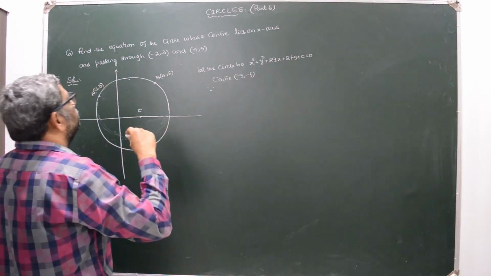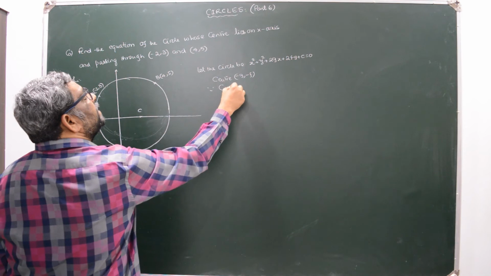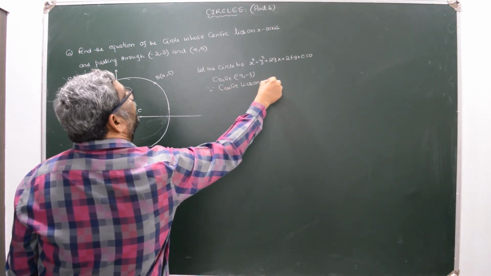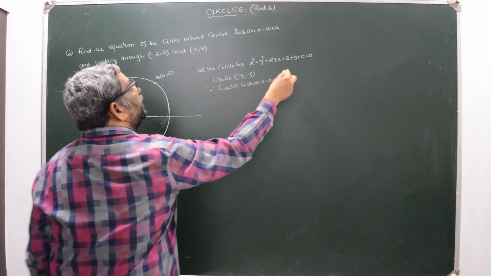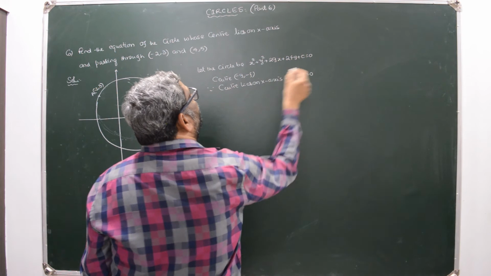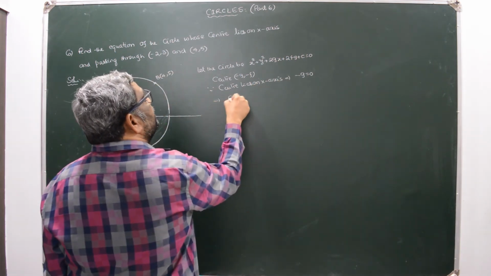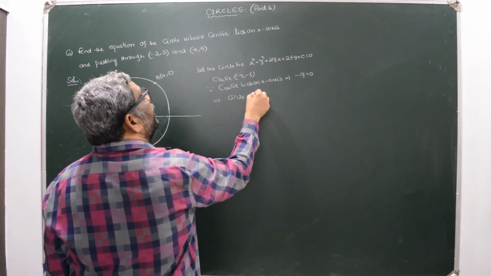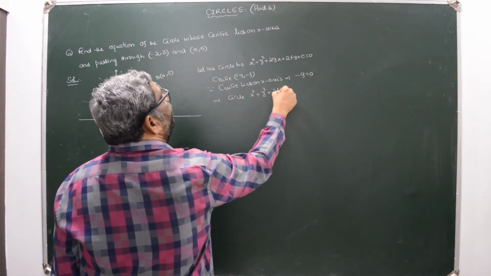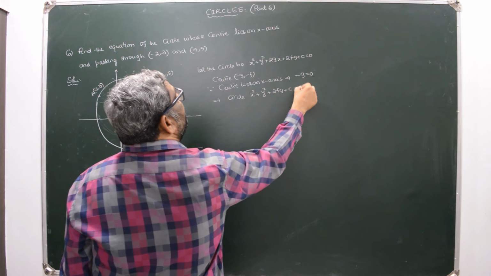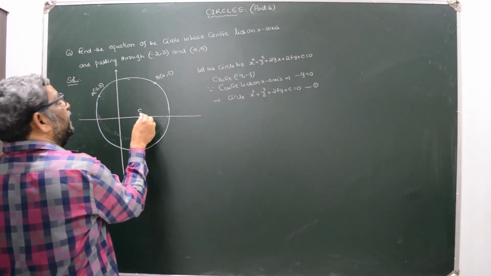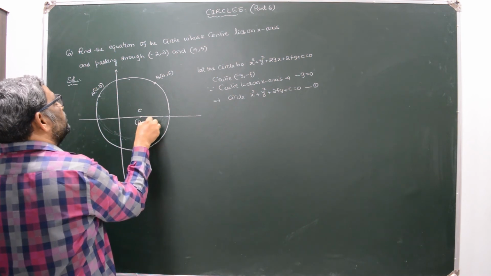Since center lies on the x-axis, implies minus g is equal to 0. Implies the circle is x square plus y square plus 2fy plus c equal to 0. So this is 0 comma minus f.